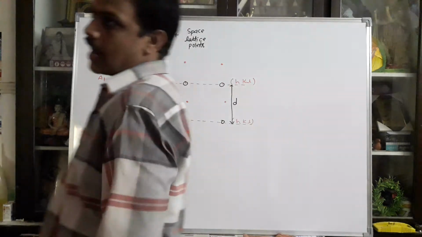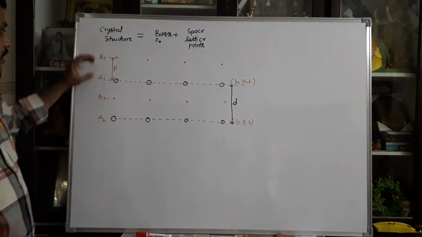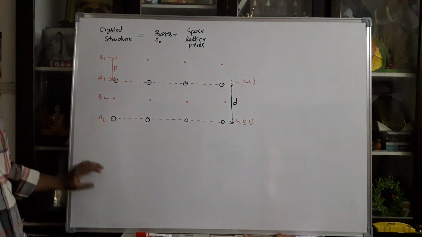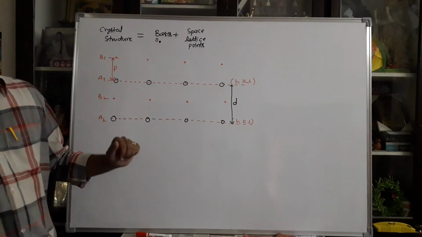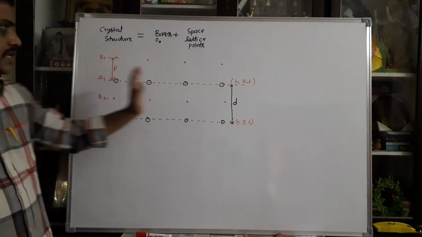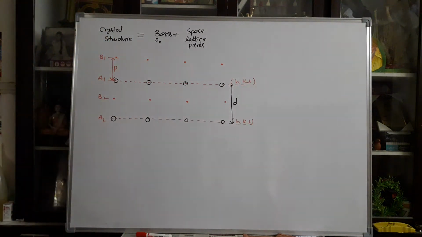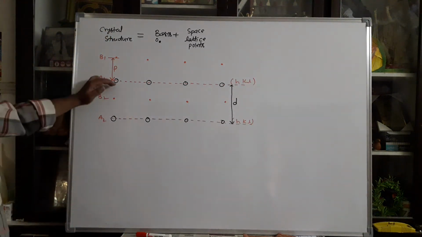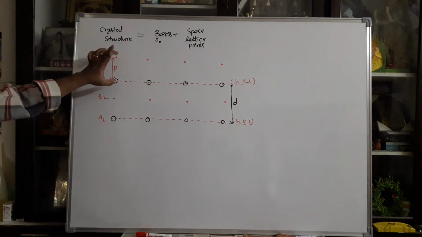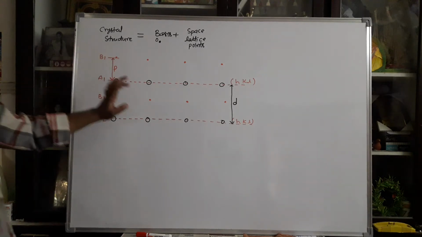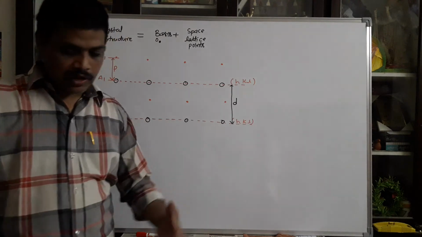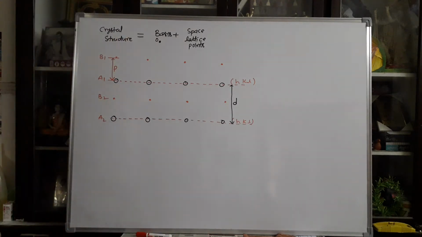So basis atoms exist in the B1 plane, B2 plane, B3 plane, and so on, Bn plane, and their Miller indices can be taken as h, k, l. The height of the lattice plane with respect to the basis can be taken as P, and the distance between successive lattice planes is the interplanar distance d.